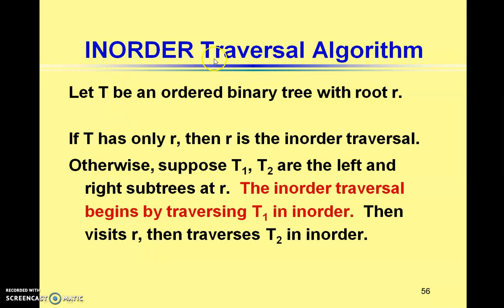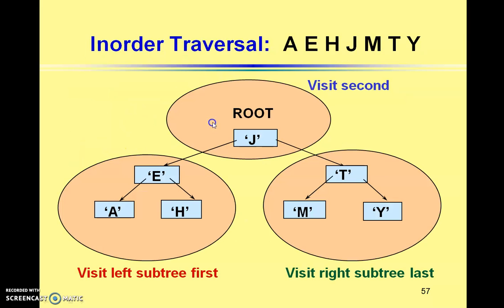In-order. Now it does it in order, so it's going to go left, parent, right, where before it was parent, left, right. This is now left, parent, right. So it's going to go left first, so it goes down the left side until it hits the bottom of the left, so to speak, A. Then it looks at E, so it's left, parent, right.